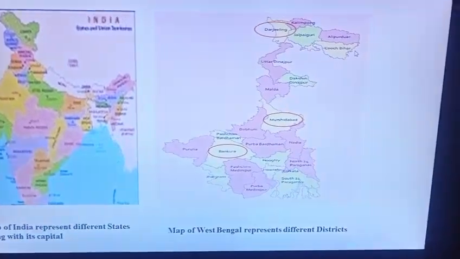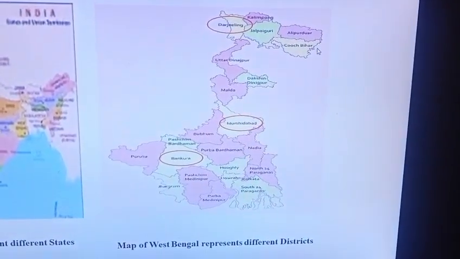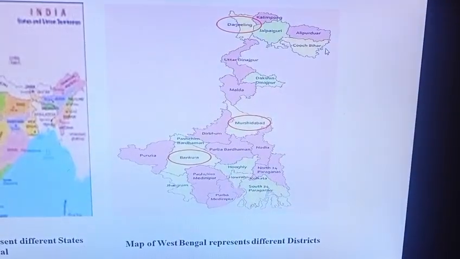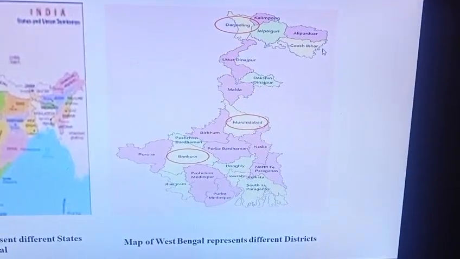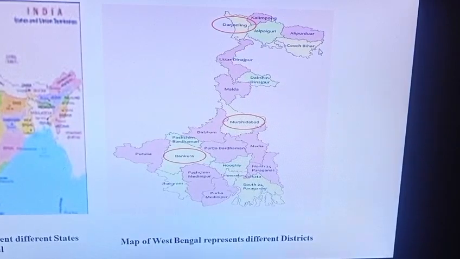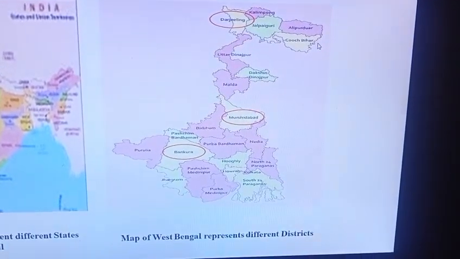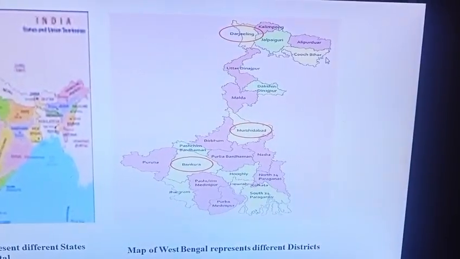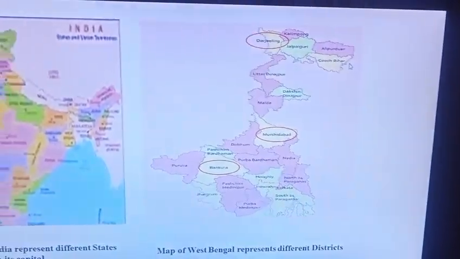And in the second portion we can see it's a West Bengal map where along with the districts' names some of the locations are also given, marked with red color. So it's a map of West Bengal, representing different districts as a whole.